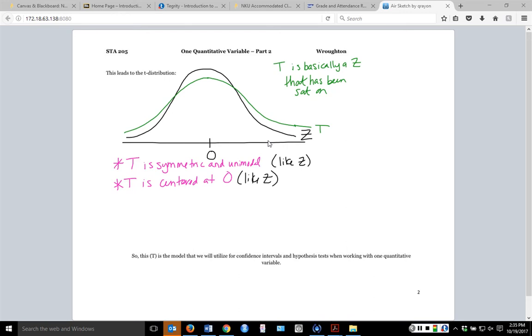So in a sense, at first when I'm drawing it, man, T doesn't really feel very different. So what I need to have is how is it different? So T has a larger spread than Z.